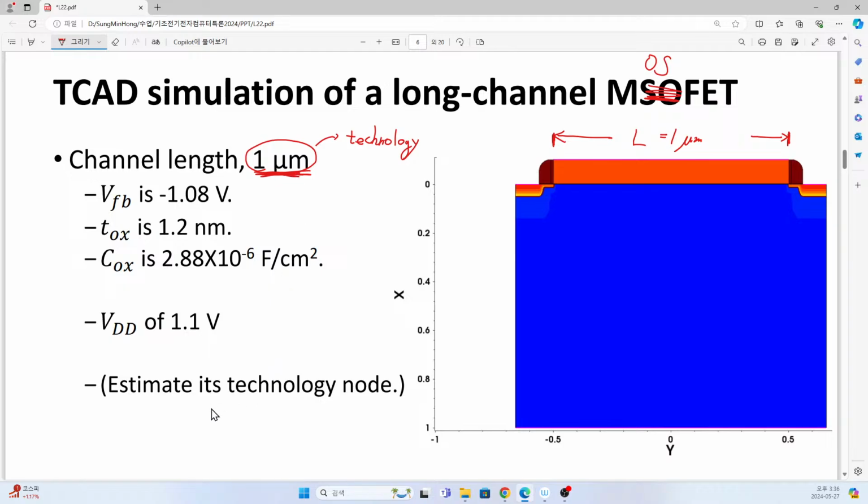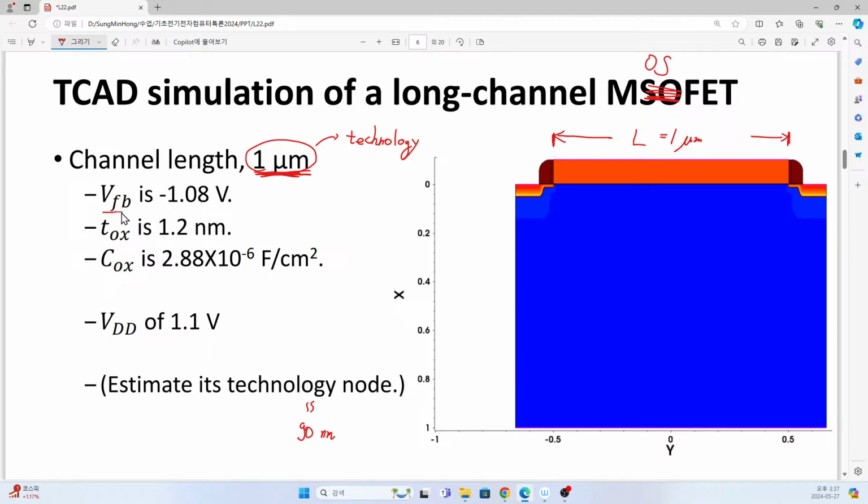In this case, its technology node is roughly 90 nanometer technology, meaning that you can draw your gate length around 90 nanometer, not exactly, but around that number. So 1 micrometer is at least more than 10 times longer than the minimum available length scale, so it can be safely regarded as a quite long channel device.